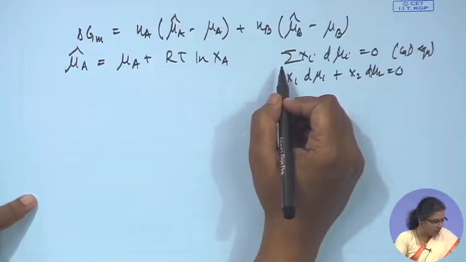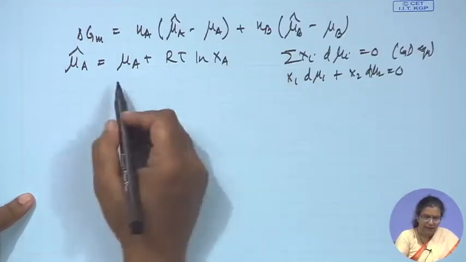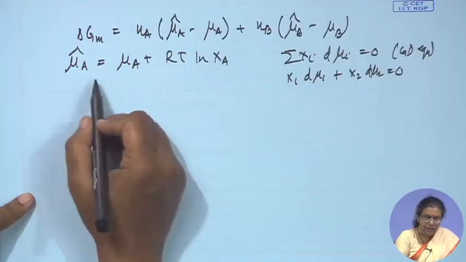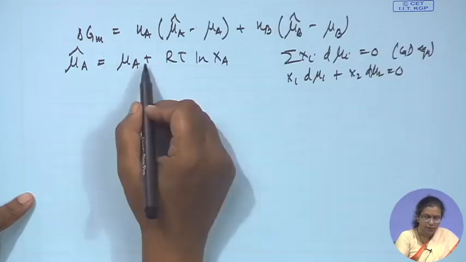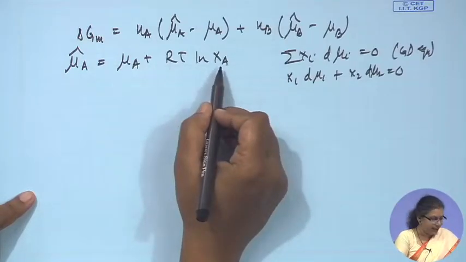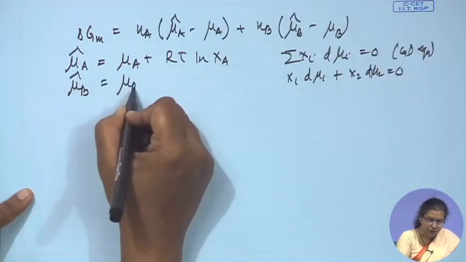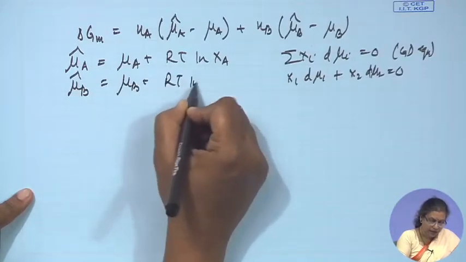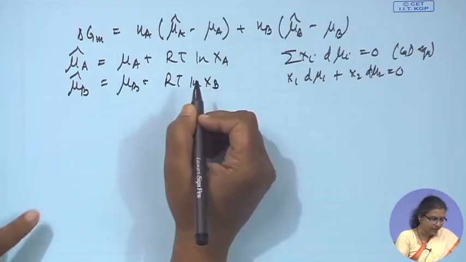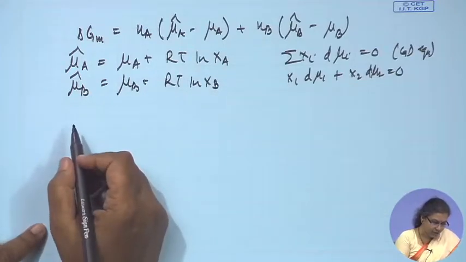Suppose I perform that integration, then we find that this gives us mu A minus mu A bar, which is nothing but RT ln x A. In the same way we can write mu B is equal to mu B bar plus RT ln x B, right.